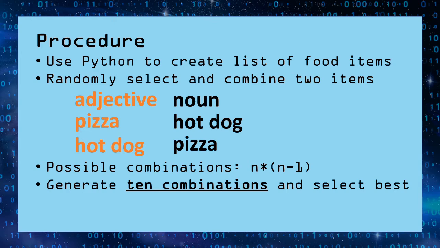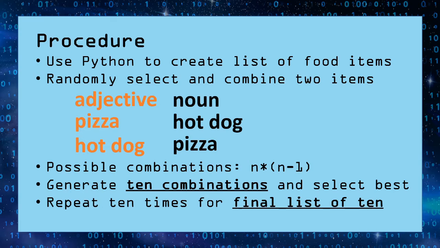With that, I'm going to generate 10 combinations and select the best out of those 10. Then I'm going to repeat that 10 times for a final list of 10. So I'll look at 100 different combinations, picking 10 from each time. And then when I get through all that, I'm going to try cooking at least one of these random combinations.